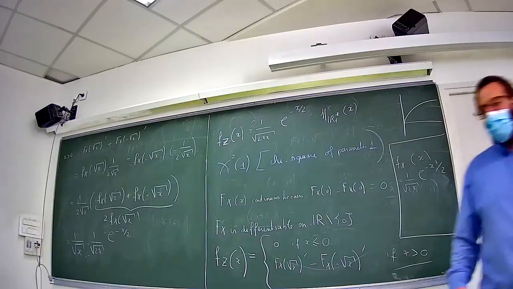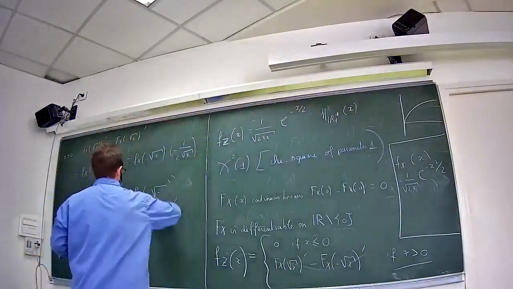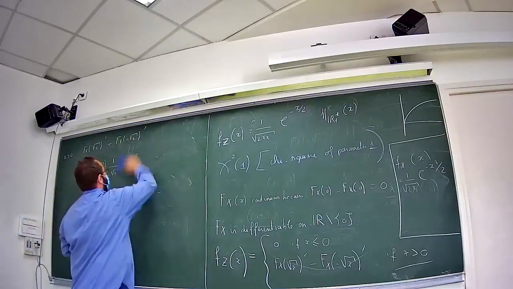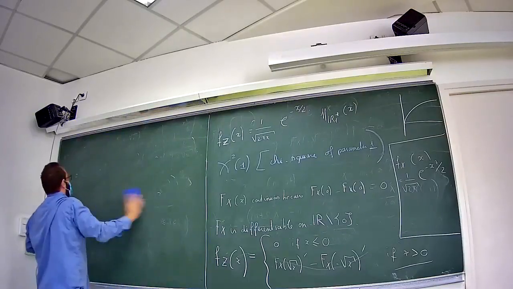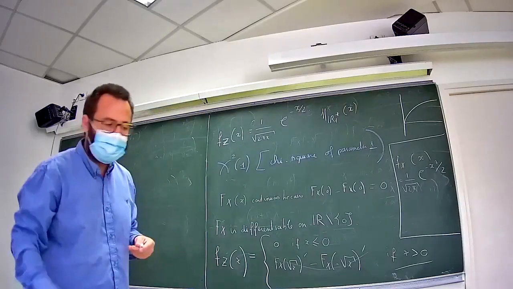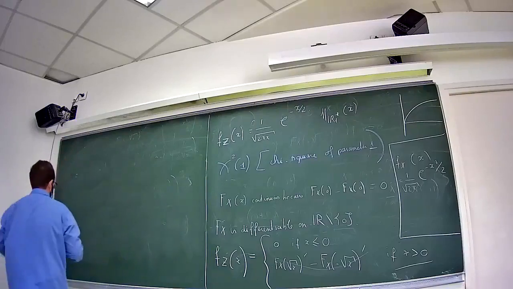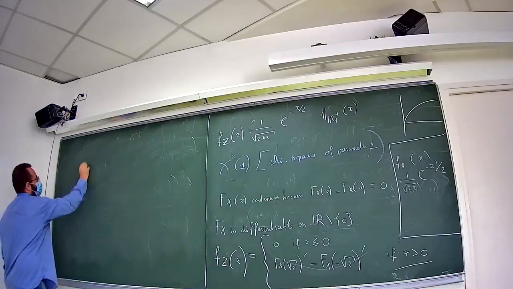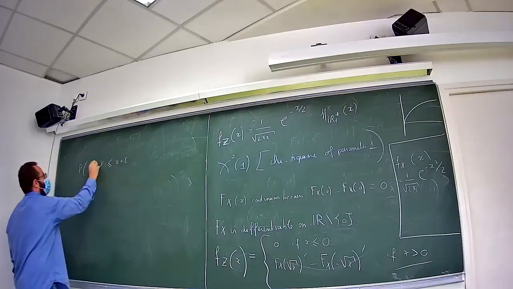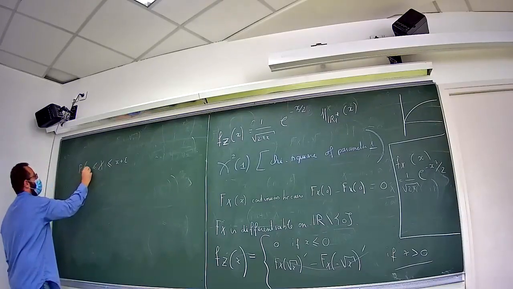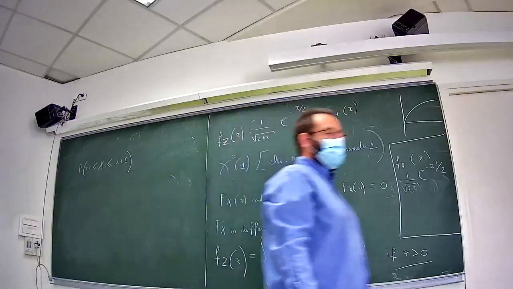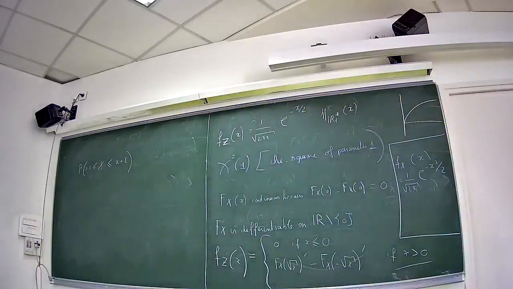Okay, but let me be more precise with your question. The question was, what is the intuitive interpretation of the PDF? If I consider this, I have the probability that I am not very far from small x.